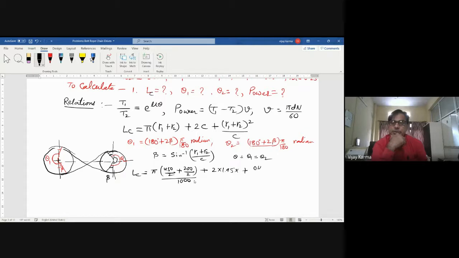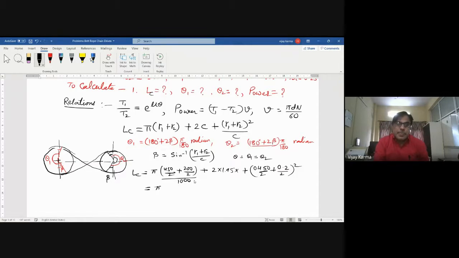So this is 0.450 by 2 plus 0.2 divided by 2, in meters. Let's calculate quickly. 0.450 divided by 2 plus 0.2 divided by 2 gives 0.325.